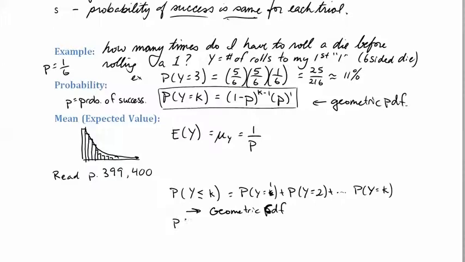If you wanted to know the probability of y being greater than a certain value, what you would have to think about is that it is basically the probability that y is not equal to 1 and the probability that y is not equal to 2 and the probability that y is not equal to 3, etc., all the way to the probability of y being not equal to k.